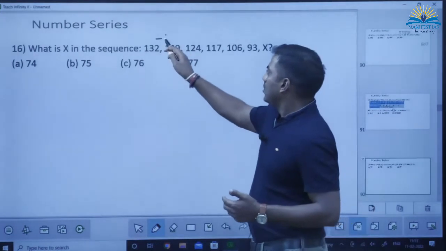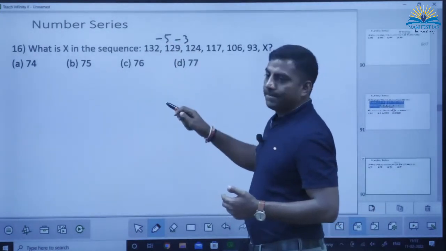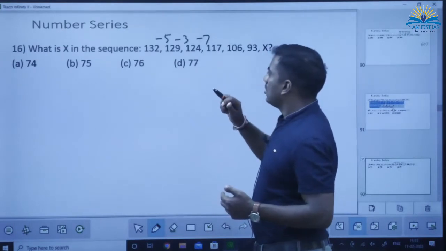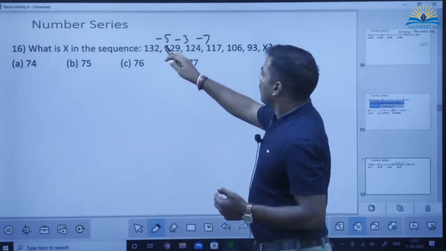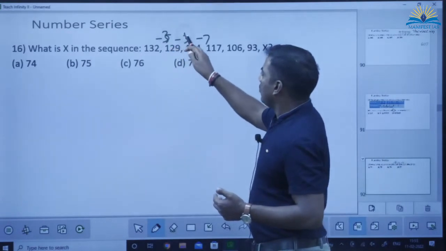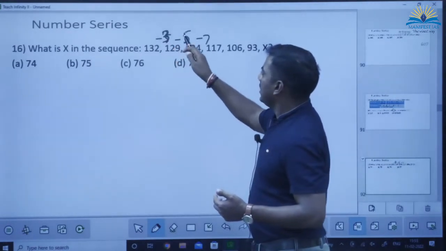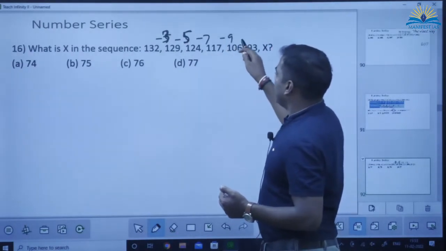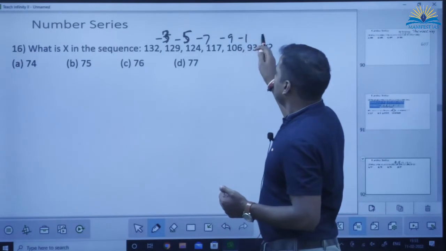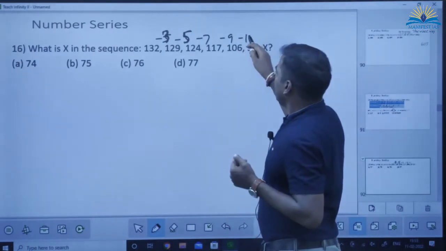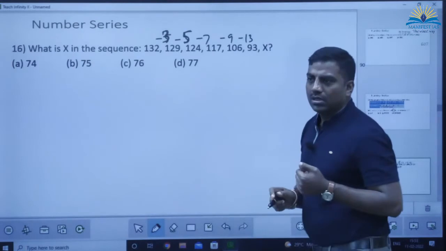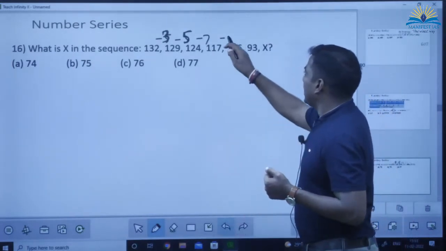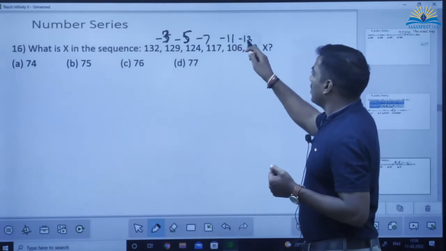Here -5, -3, -7. Correct, no? No. First one -3, second one -5, third one -7, -9, then -11, -13.